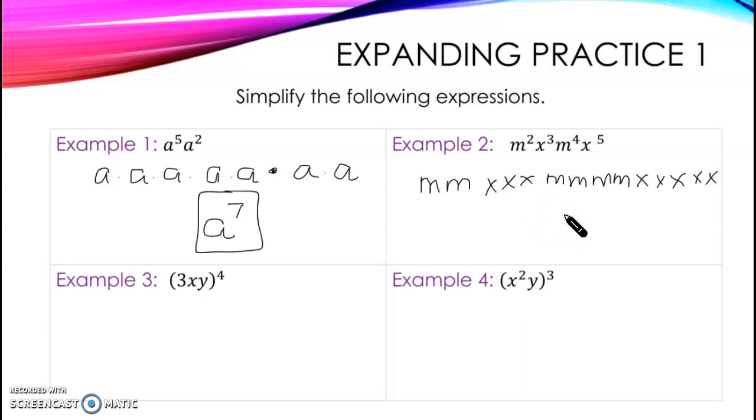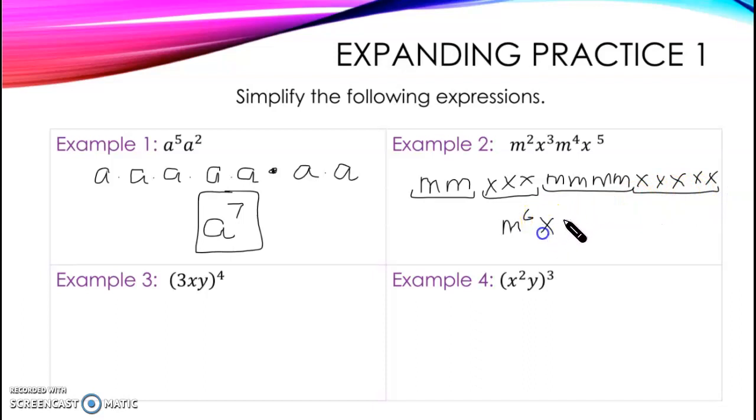For example, 2 times 3 is 6, 3 times 2 is 6. You can switch these around and multiply them in any order. So we can almost think of it as like sort of combining like bases together. So I can combine however many m's I have. There's 6 of those. That'd be m to the 6th power. And then we could then combine all of our x bases together. And that would be x to the 8th, I believe.